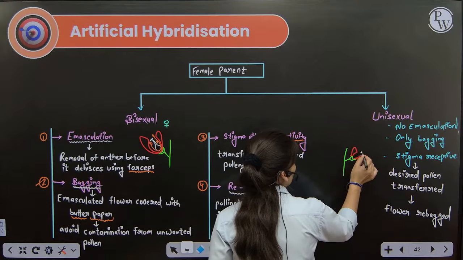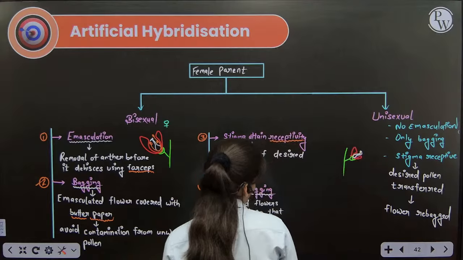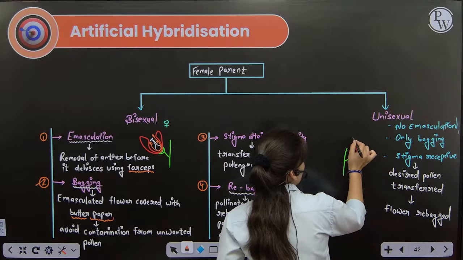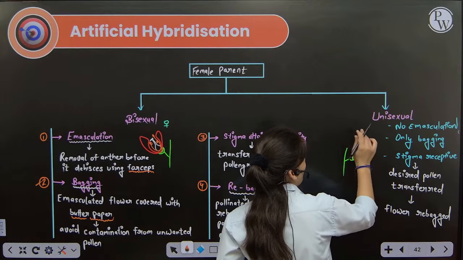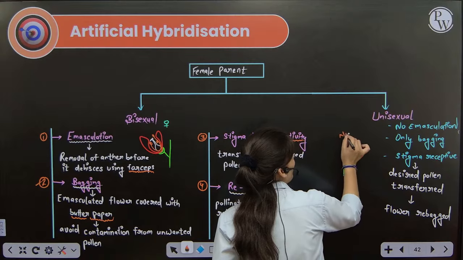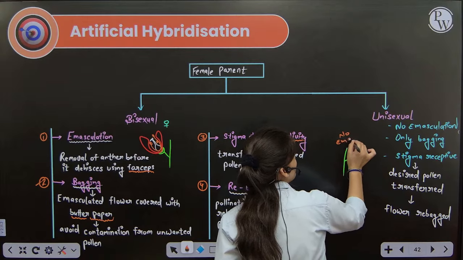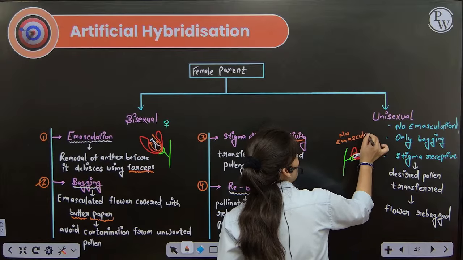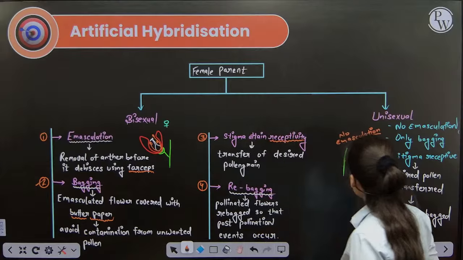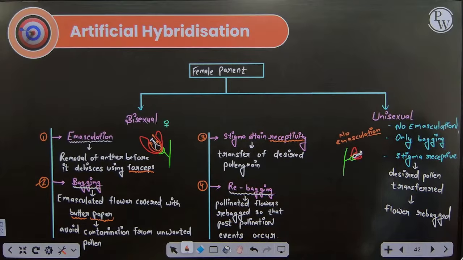Is emasculation required here? There is no requirement of emasculation, because only the female reproductive part is present, and the anther and stamen are not present.